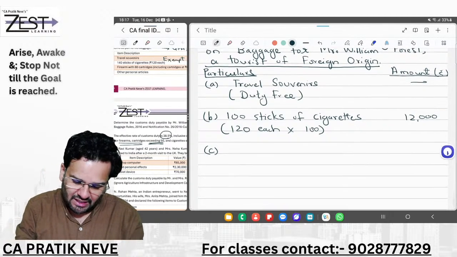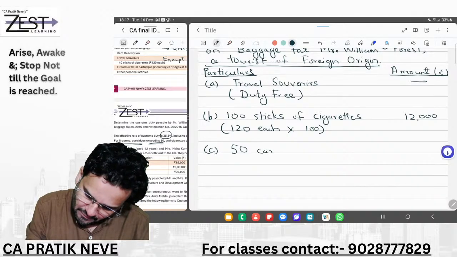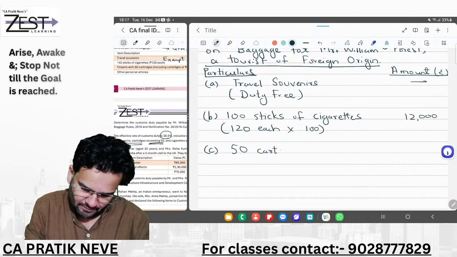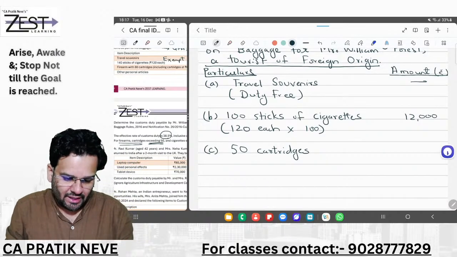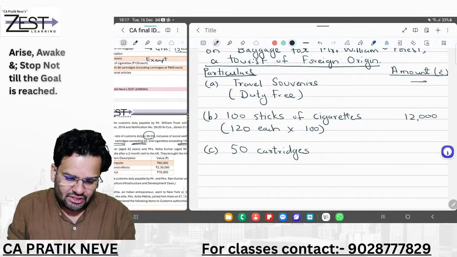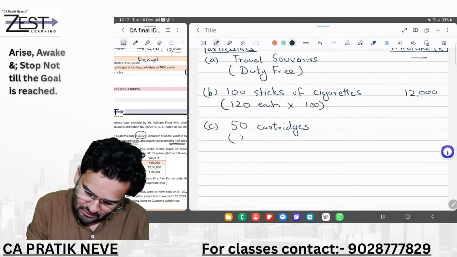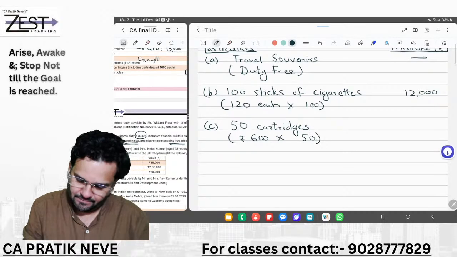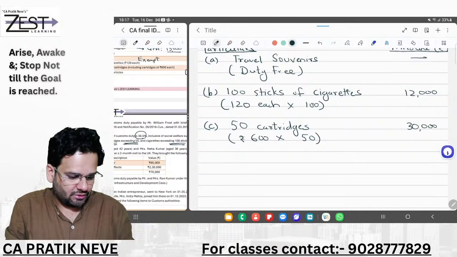But 50 cartridges you can take here. Each cartridge is for 600. So 600 into 50, which is 30,000.